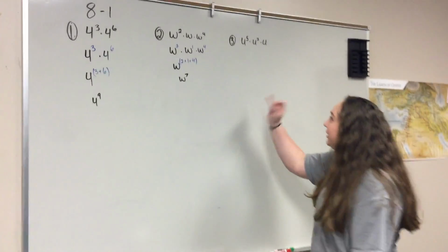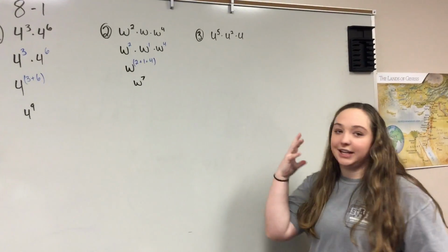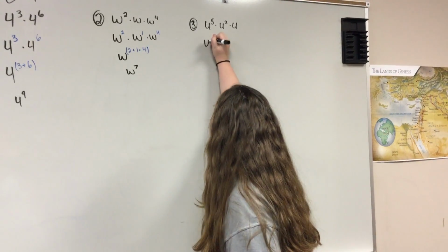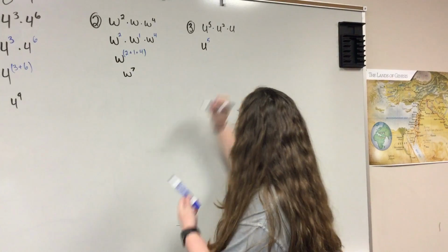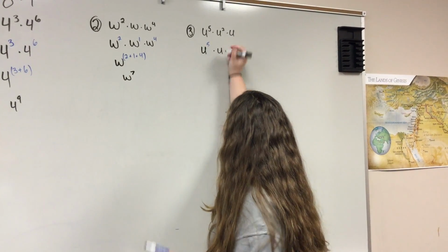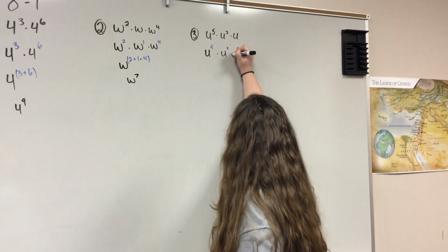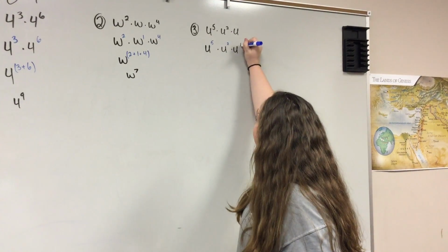So we have u to the 5th power times u to the 2nd power times u. Remember, that's to the 1st power. So I'm going to write it again like this so you can see exactly what I'm doing. All right, and remember, just like over here, it's raised to the 1st power.